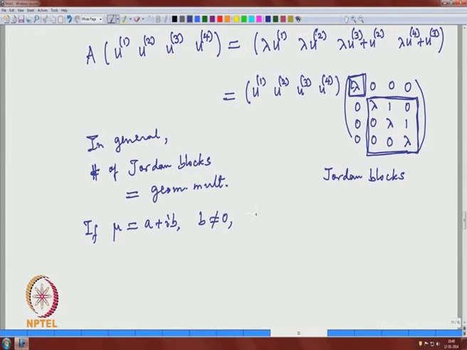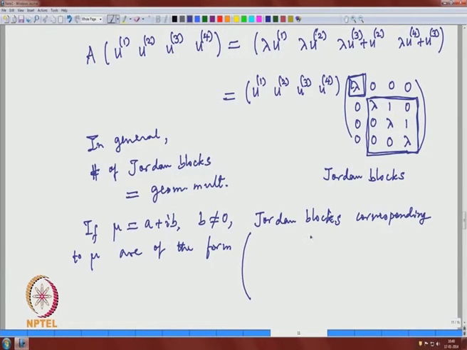The Jordan blocks corresponding to mu are of the form. So, remember they always appear in pairs. So, here also we get 2 by 2 blocks.